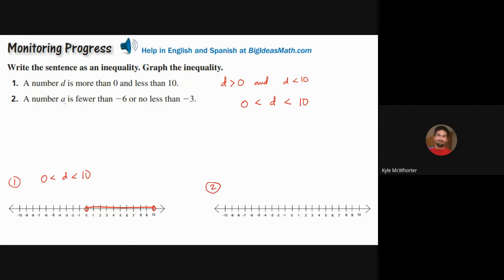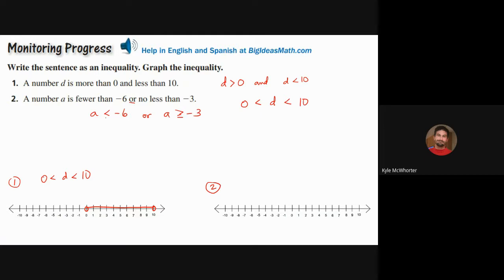For number 2, A is fewer than -6. So A is less than -6 or no less than -3. So if it's no less than -3, that means it can be more than -3, but it's not less than -3. It can equal -3, but not less than -3. So that is A greater than or equal to -3.